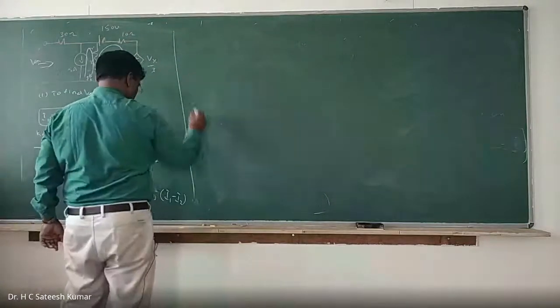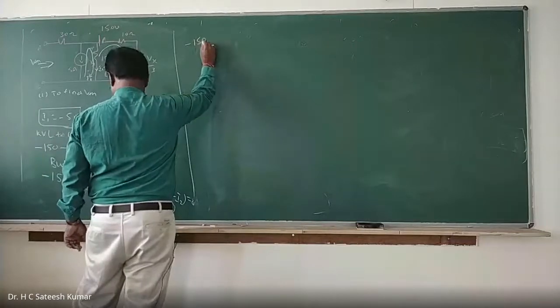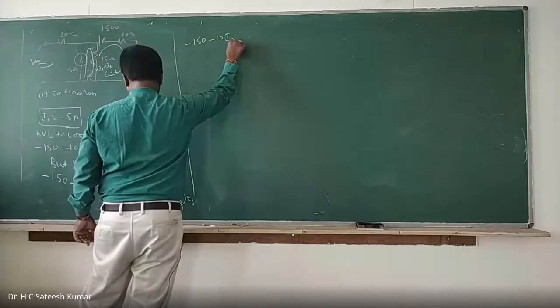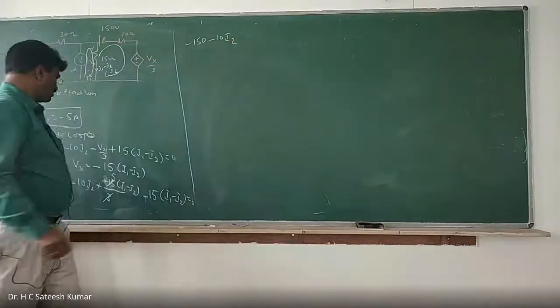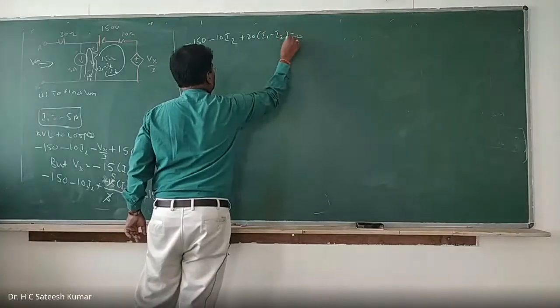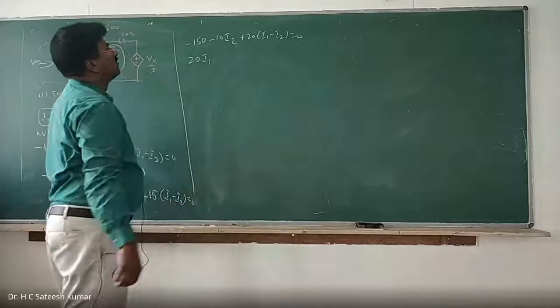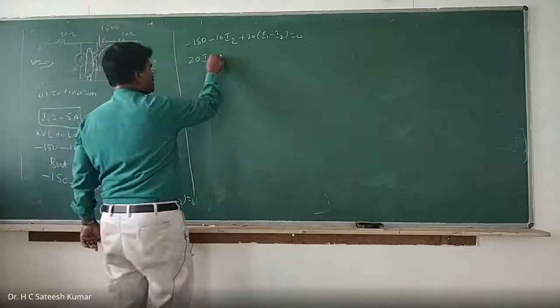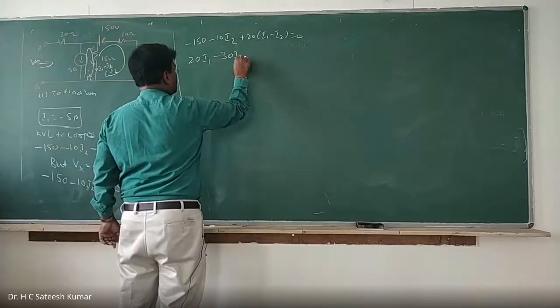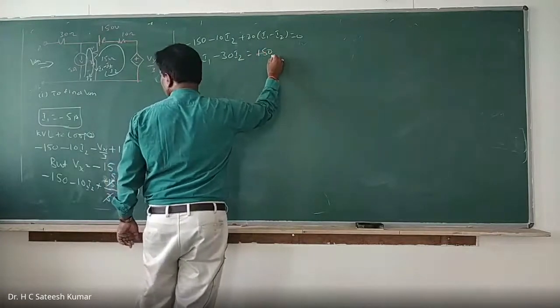Minus 150 minus 10 I2 plus 20 I1 minus I2 is equal to 0. So 20 I1 minus 30 I2 is equal to 150. Call this equation number 2.